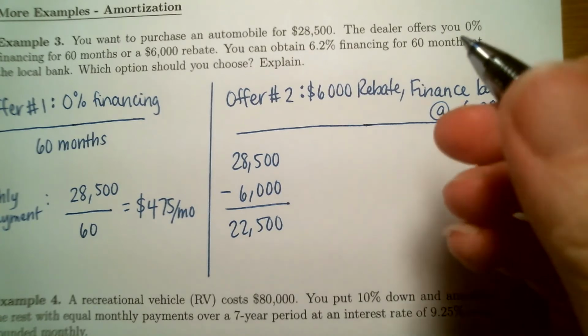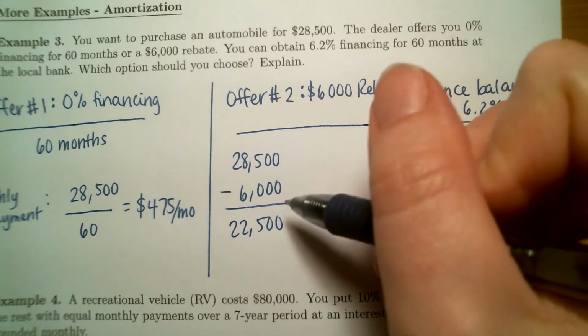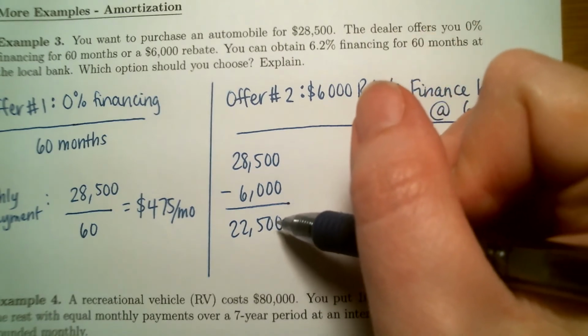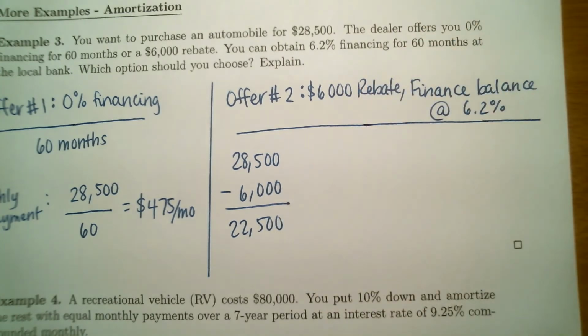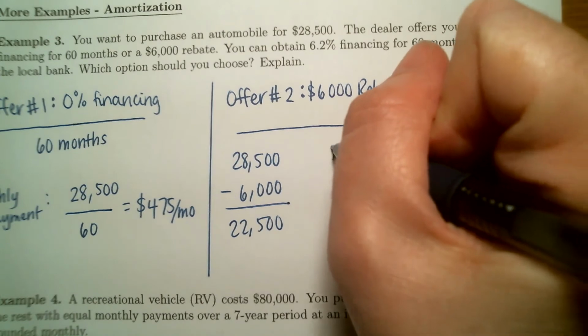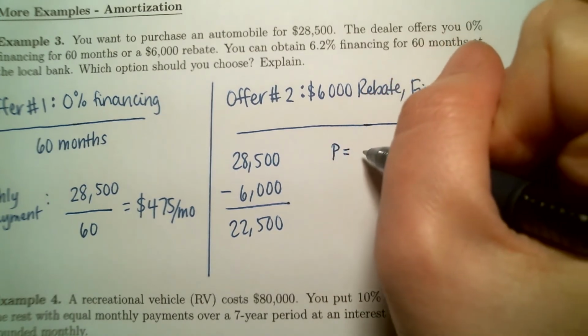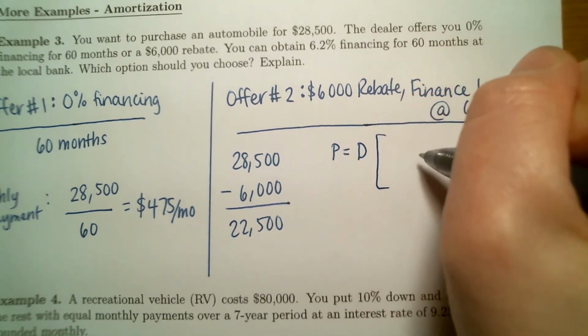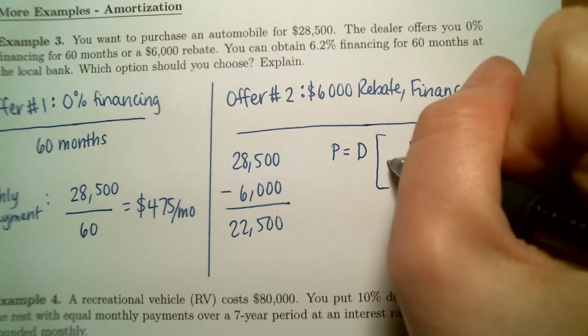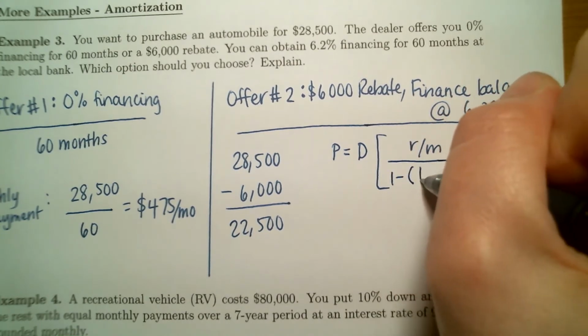Since you're going to make monthly payments and this amount is going to accrue interest, you have to use your amortization formula to figure out your monthly payment. So we're going to plug into our amortization formula, which is this.